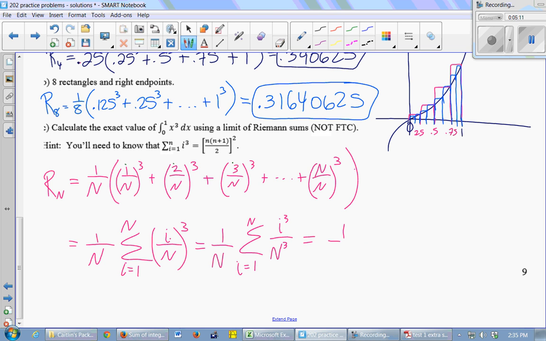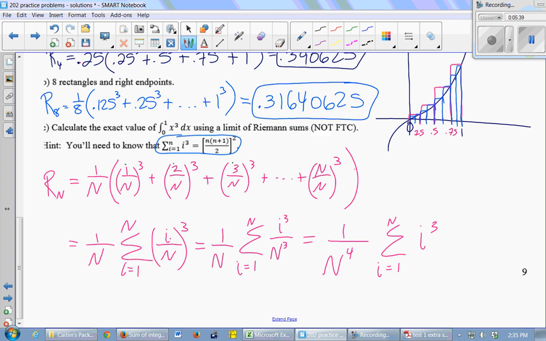So I now have 1 over n to the 4th times the sum from i equals 1 to n of i cubed. And now, this is why I told you in the hint a special formula for how to add up the first n integers cubed. So you have a formula for calculating the sum from 1 to n of i cubed.